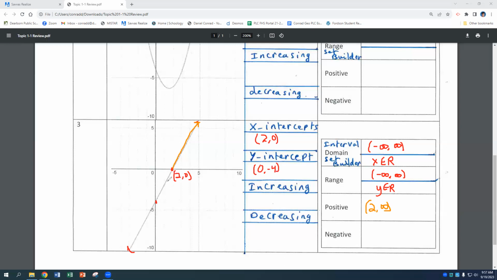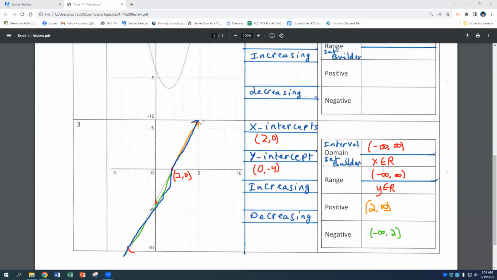Our negative interval, right? You read it left to right, so from negative infinity all the way up until 2. We are below the x-axis, so it's negative. Going left to right, this graph is always increasing.